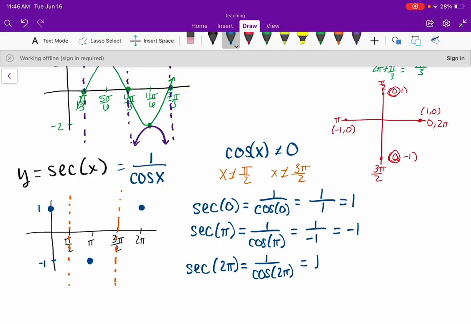So your graph of secant will look very, very similar. It just has asymptotes in a different place. And it has the like parabola-ish shapes on the other places. The idea is the same, where cosine looks like this. So it's right in the middle of that secant graph.